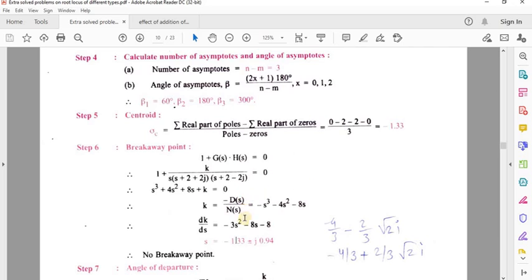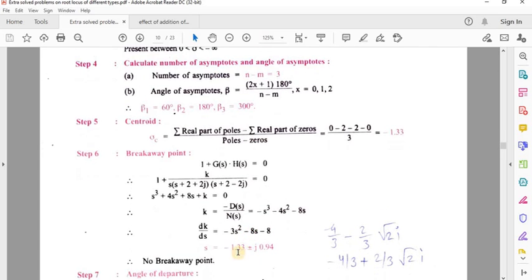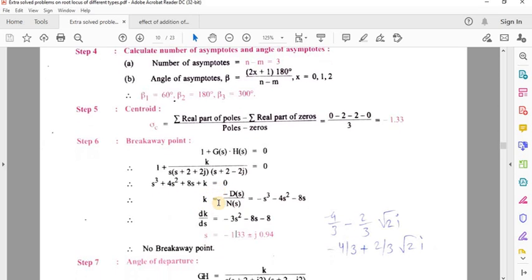We don't need to carry out the breakaway point because it's a complex point. We need a breakaway point on the real axis loci, so it is not on the real axis loci, so no need of finding out breakaway point when the poles are complex.